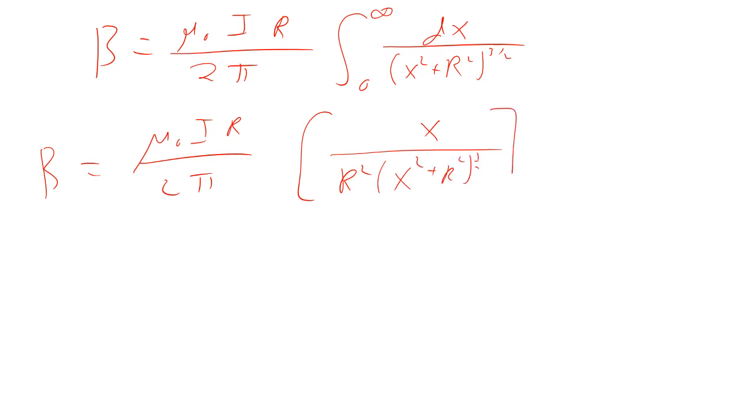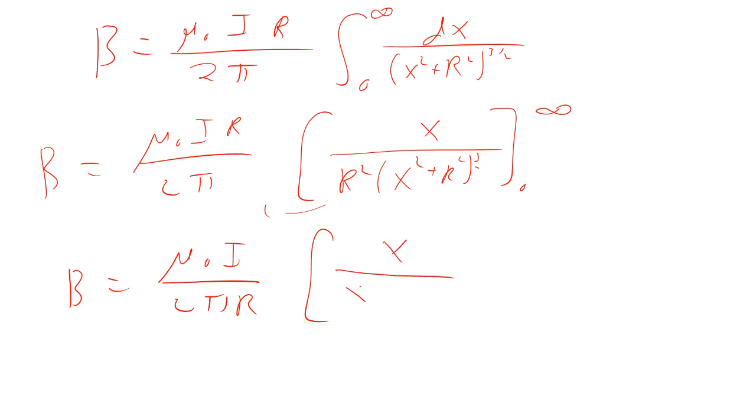We evaluate that at 0 and infinity. Okay, well, this R comes out, so we get mu naught I over 2 pi R, and now we have x over the square root of x squared plus R squared evaluated at 0 and infinity.